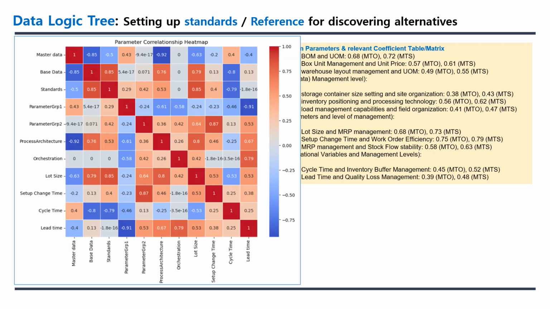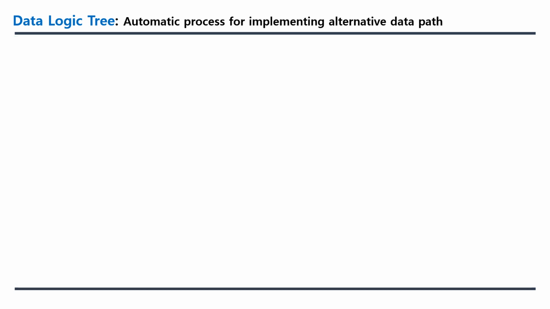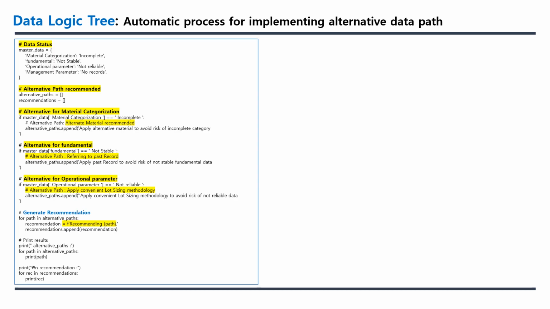So we can visualize this information utilizing the heat map like this. And also we can identify the interrelationship and dependencies between each other in a hierarchical manner, utilizing this tree like this. And utilizing this kind of information, we can apply that to the program to generate an automatic process.